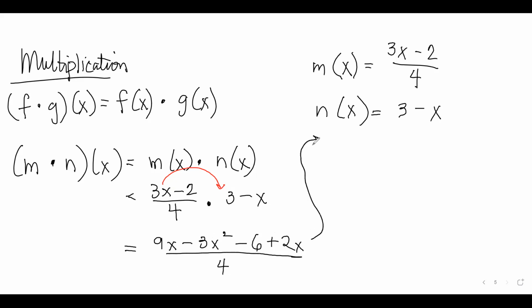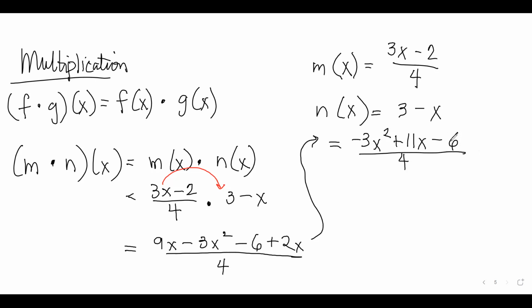O dito na. Ayan. So we have negative 3x squared. Rearrange lang natin. Plus 11x minus 6 over 4. Ayun na yung function natin na m times n of x.